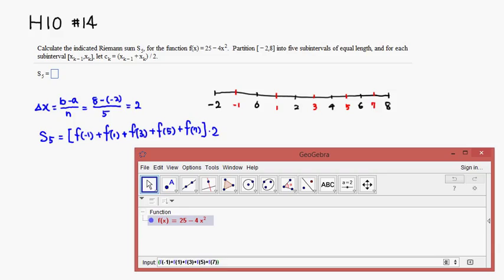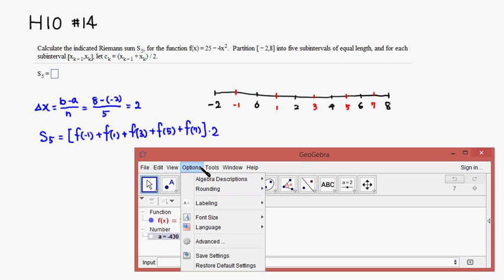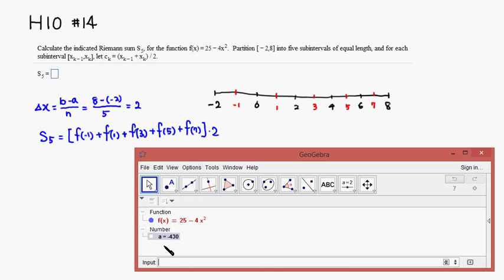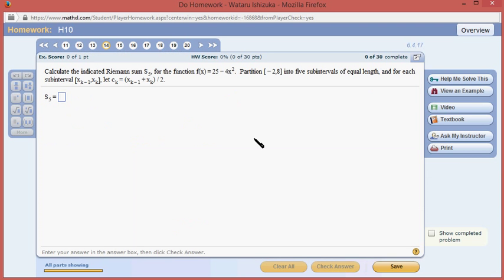I'll put the 2 in front and hit enter. I get -430, and I think this is the exact number.